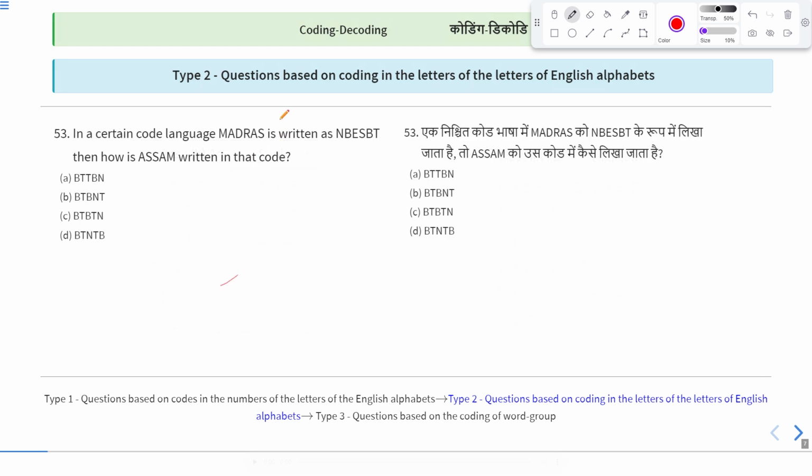MADRAS is written as NBESBT. How is ASSAM written in this code? Again, we have a case of plus 1.